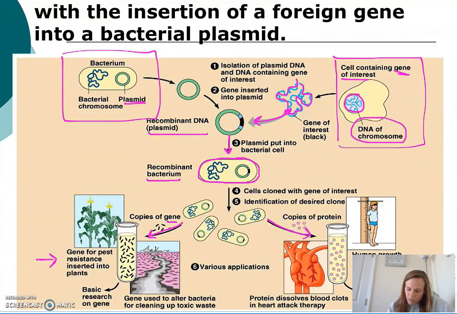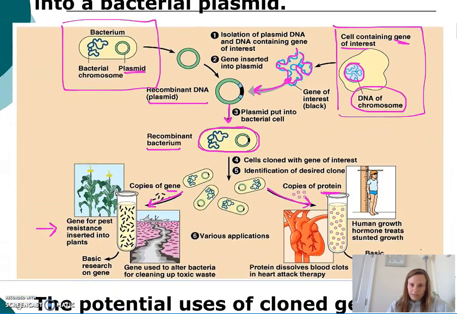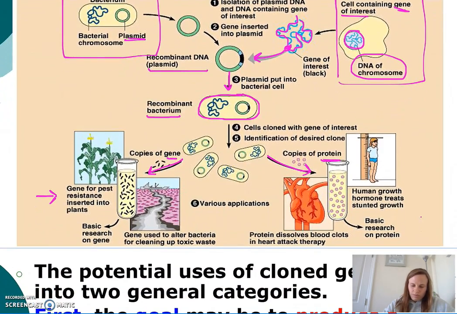Or maybe I want to look at the proteins that were created. For example, I might look at human growth hormones that may then be used to treat individuals with stunted growth. Or maybe I want to look at copies of proteins, the protein insulin, for example, and be able to create artificial copies of insulin to give to people who suffer from diabetes.